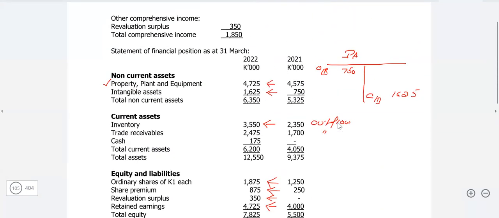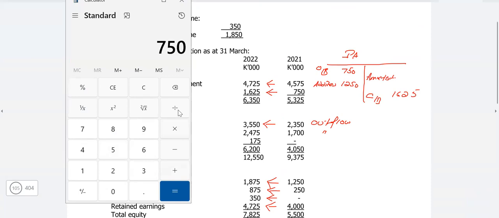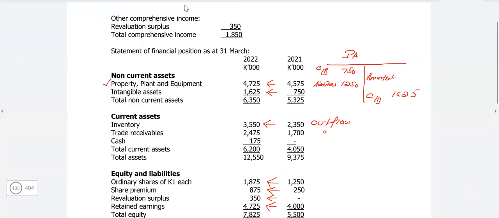So that means the additions. The question is quite easy. 1.25 means 1250. So the amortization will be calculated as a balancing figure: 750 plus 1250 minus closing balance 1625 is 375. So 375 is the balancing figure, which is the amortization charge.